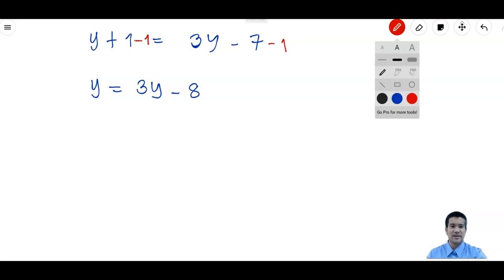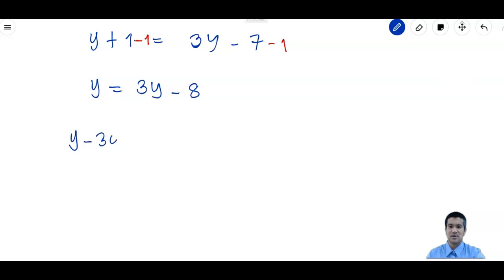So what will happen next? And then after that, we have to move the value of y there. So if you're going to move the value of y, this positive value here will become a negative. So therefore y minus 3y equals to -8. So remember that each of the variables there has one coefficient, right?